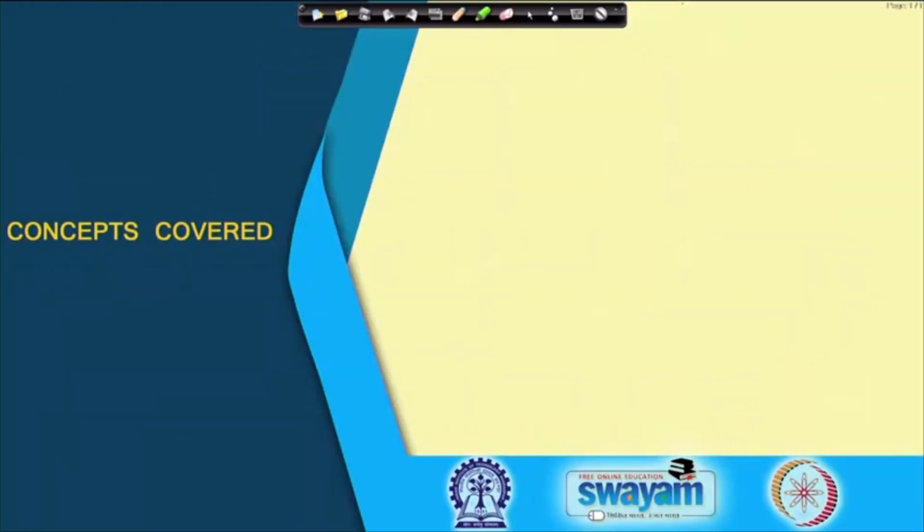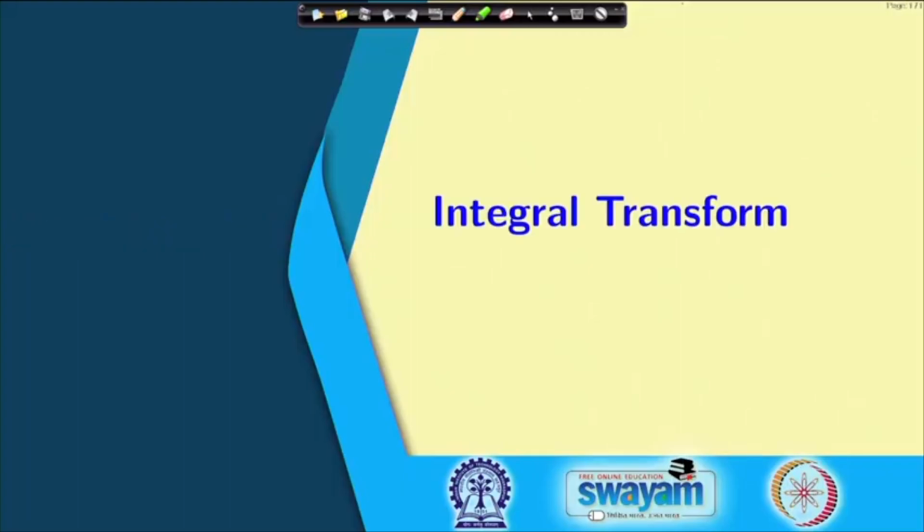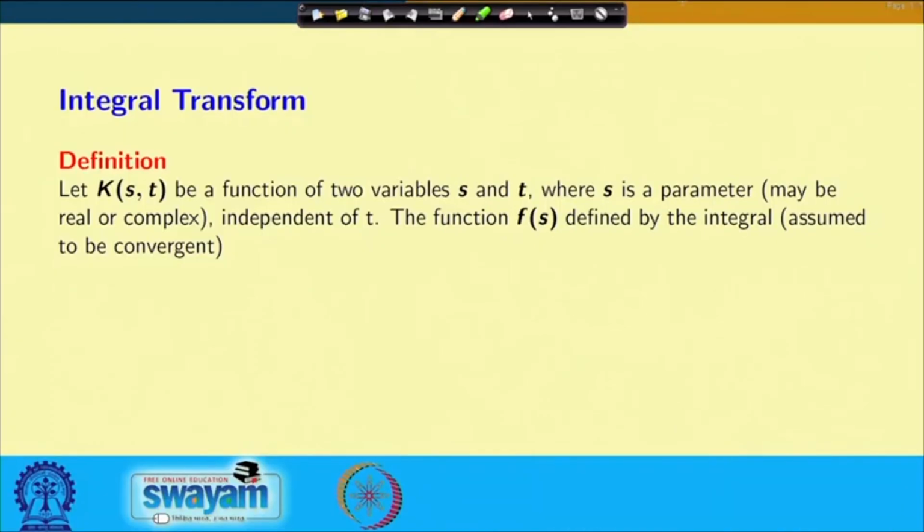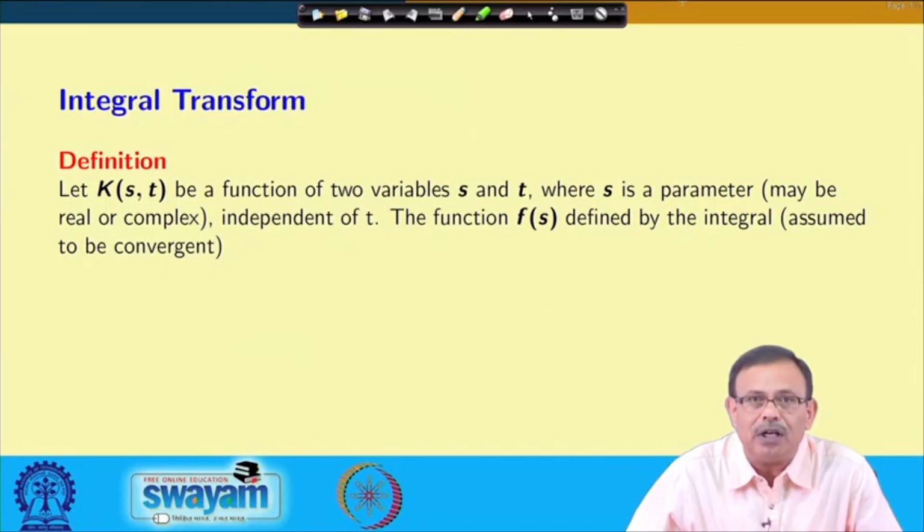Now, in this particular topic, initially we will cover integral transforms, and first let us see the definition of an integral transform. Say K(s,t) is a function of two variables s and t, where s is a parameter. Please note that s may be real or complex, and s is independent of t.